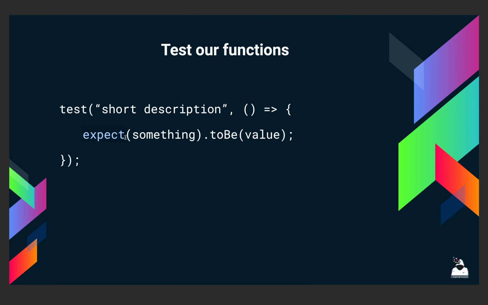You just use the keyword expect, and then this should be the function that's being called, and so the result of that, or you could call it up here and then assign it to a variable and use that variable here, and then you would use a matcher. In this case, this is toBe, and then you would have that value that you expect it to be. If it is that value, then it should pass, which means it's green. If it doesn't, then it should fail, and it's red.